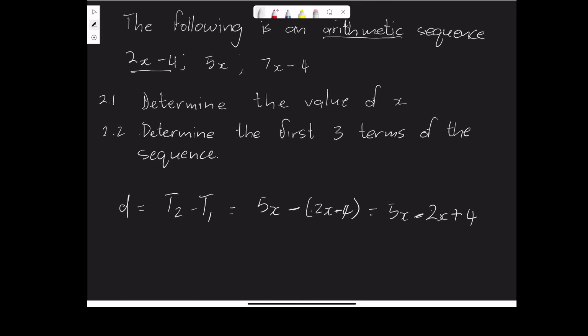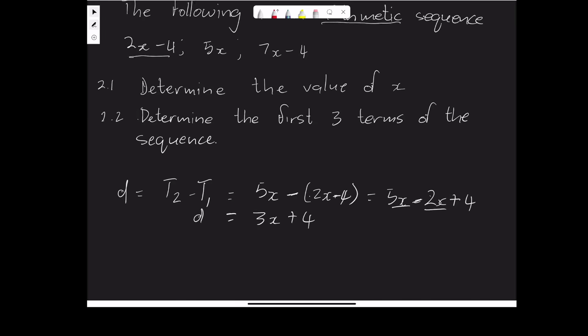Please don't forget those little gymnastics there, because they do make quite a bit of a difference. So 5x minus 2x will give me 3x, and plus 4. So that's 5x minus 2x, that gave me 3x. Right, so this is the expression for my common difference, isn't it?